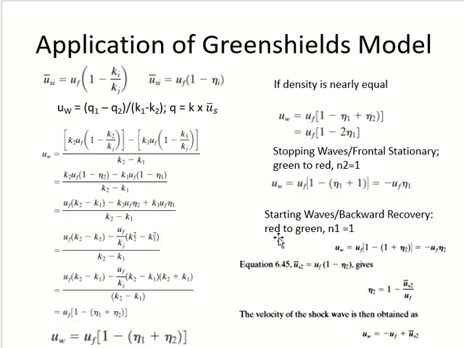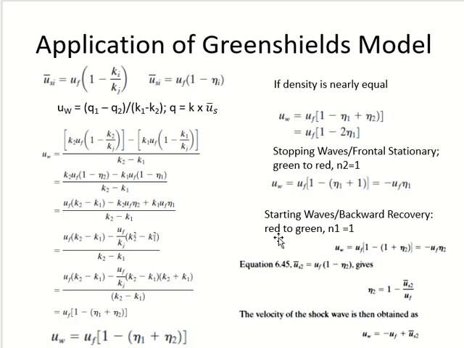Then the other way around, when the signal becomes green. So now which eta is 1? When the signal was red, the final density was jam density, right? Now the signal became green, so which density is jam density now? We have initial and final, right?